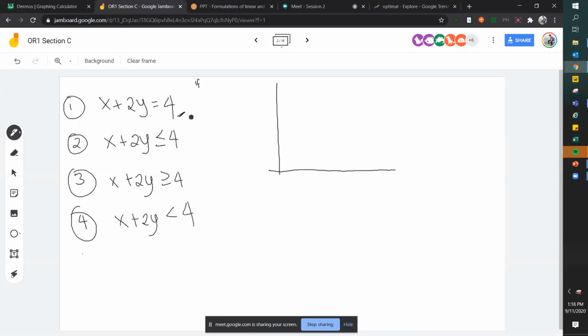Wala pa tayo sa mismong topic. Pwede kang sumulat. Pero, again, kaya bang gawin or ako na lang? Okay. Sige po, pa-drawing. X plus 2y is equal to 4.